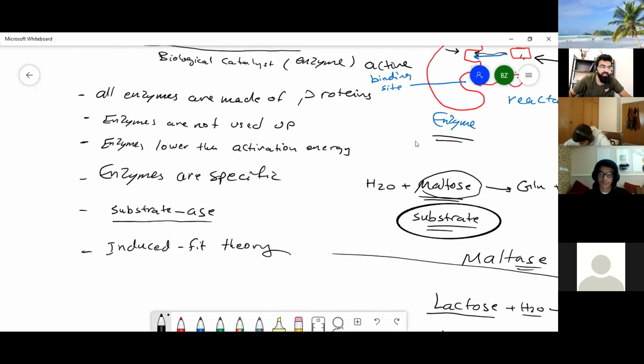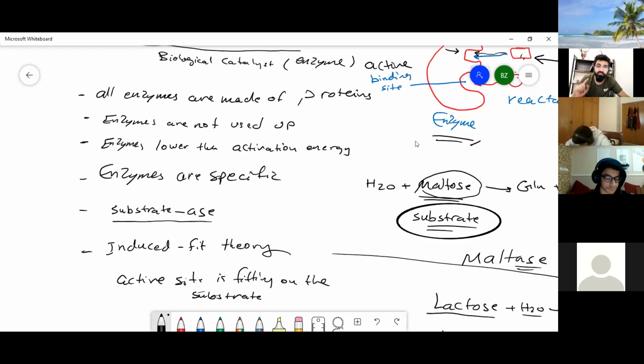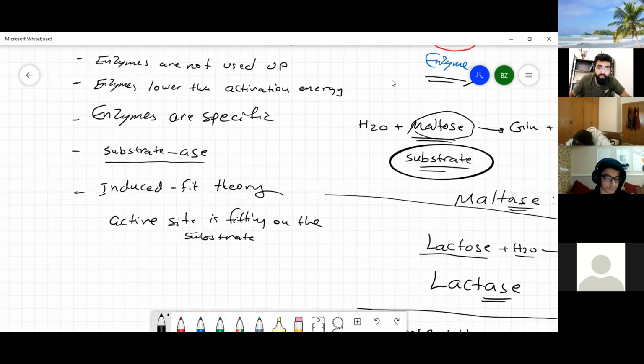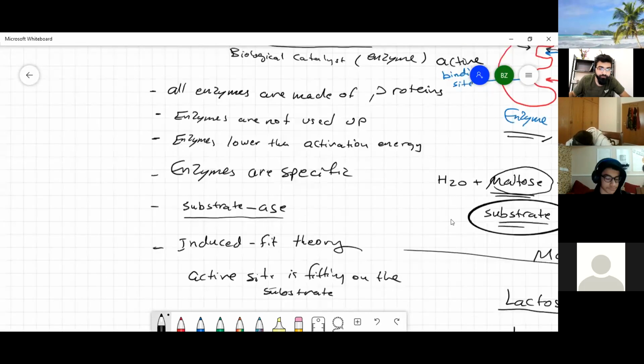This theory says that the substrate enters the active site and then the active site fits onto the substrate. But it's still specific. The active site of the enzyme is specific for a substrate. Different substrates cannot bind to the enzyme. Is it clear?